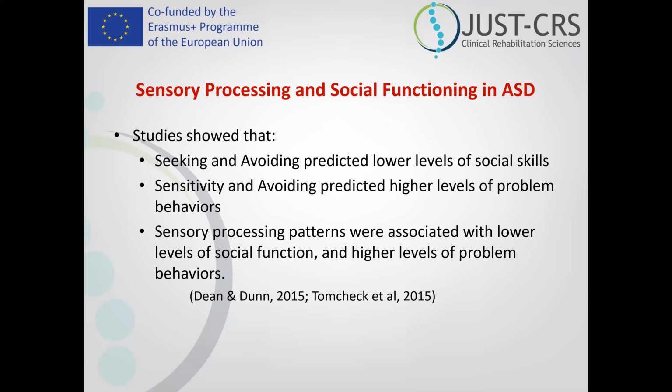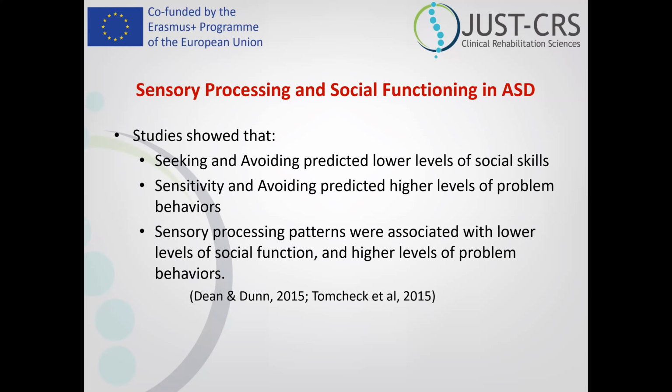The literature in relation to sensory processing and social functioning in ASD showed that specifically seeking and avoiding predicted lower levels of social skills. That means seeking and avoiding patterns are factors associated with less social functioning or less social skills. Also, sensitivity and avoiding predicted higher levels of problem behaviors.